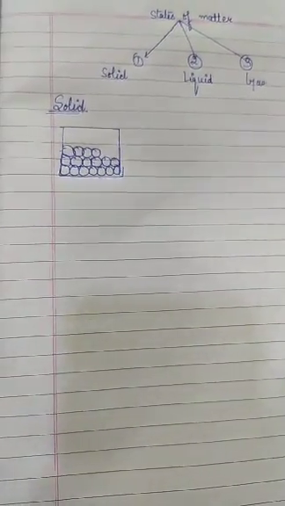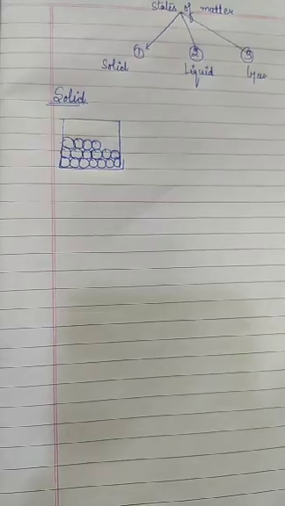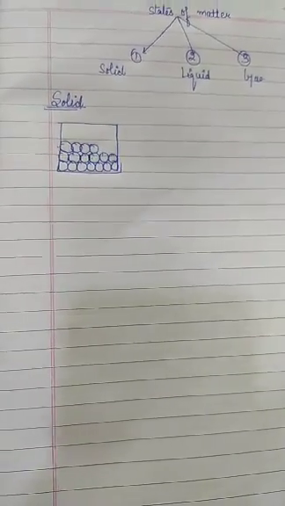That is known as solid state. Okay, the molecules in a solid are pegged together very closely. They cannot move freely. Why? Because of the strong force of attraction between them.